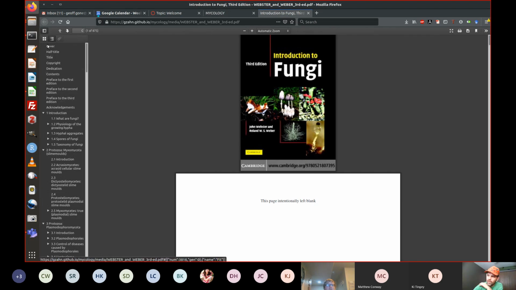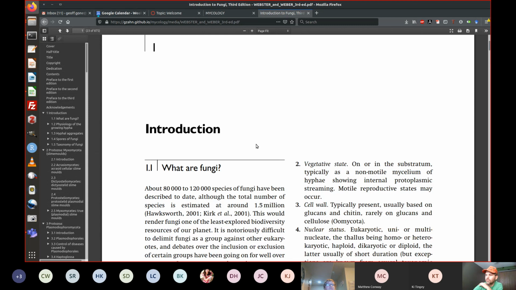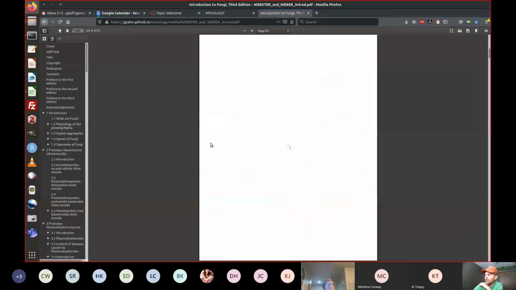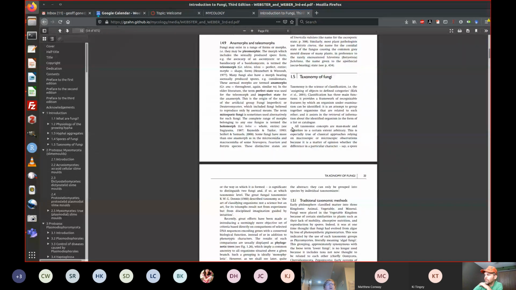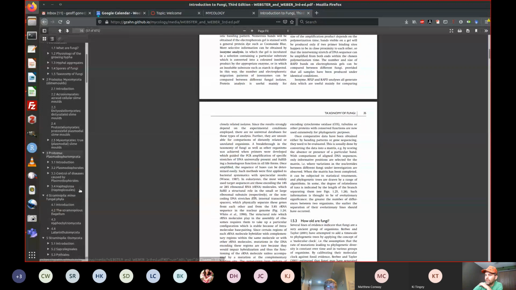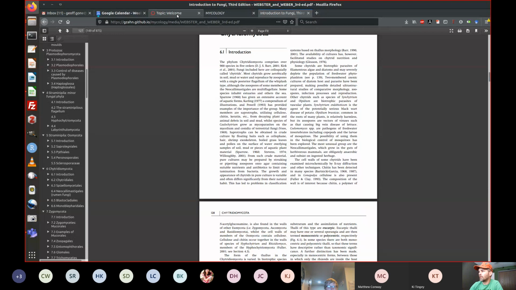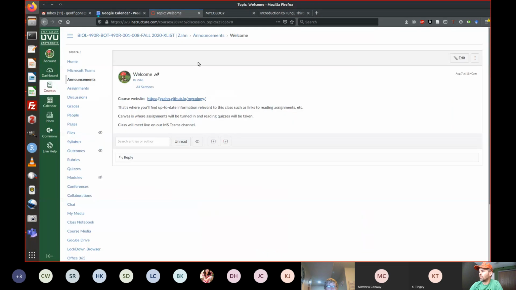Those are just listed here on the side if you have it in chapter view. That's what are the fungi, the taxonomy of fungi, just this section. And then 6.1, the introduction to our first group of fungi, the Chytridiomycota. So that's your reading that your quiz will be about.